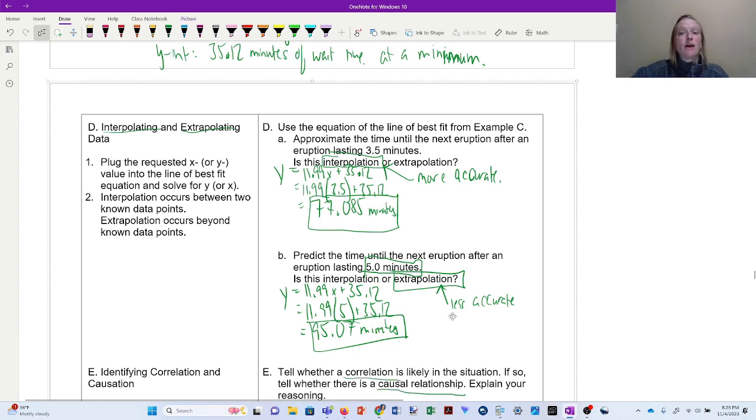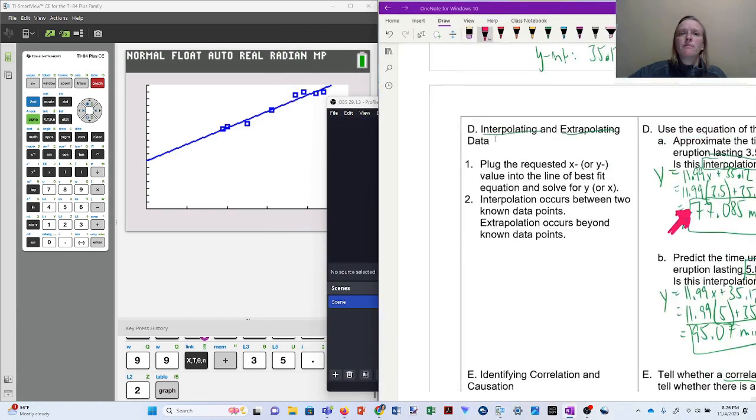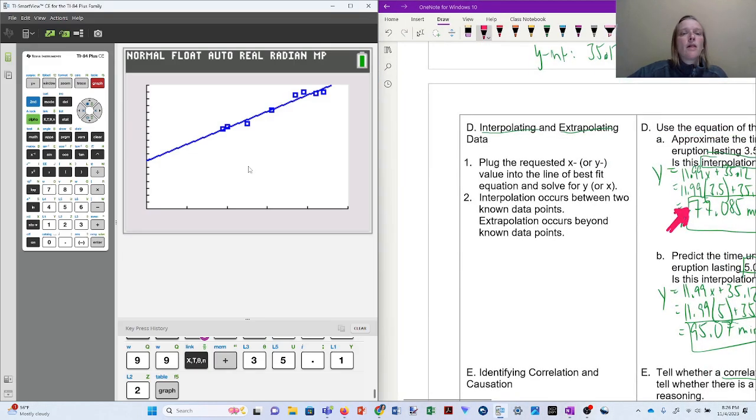I almost forgot. There was one other thing I wanted to show you about how you could go about getting this information using your graphing calculator rather than plugging the value into the equation. So if I go back to my graphing calculator screen here, then you can use the trace feature on your graph to find different data points.